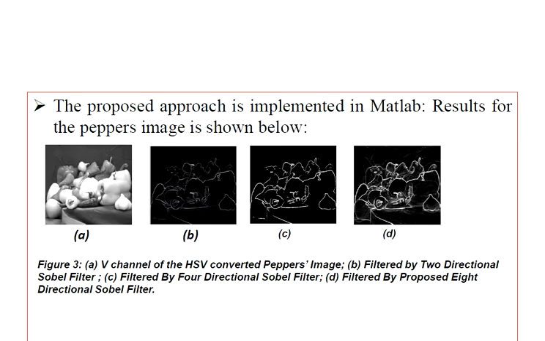Look at these images, and this is the original image. Actually, I'm considering the V channel of the HSV converted image of the input color image. Okay, this is the V channel.